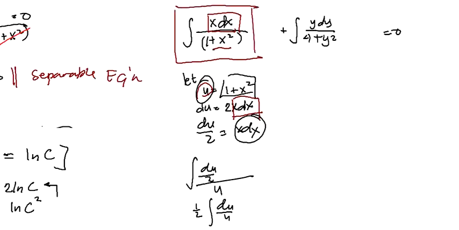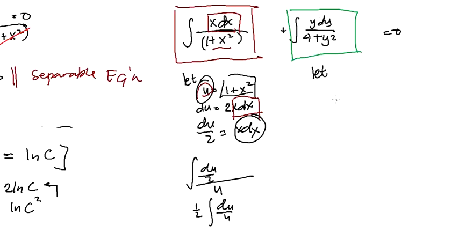So the same technique can be used in our second part, the integral of y dy all over 4 plus y squared. So we need to do some change of variables here, or the algebraic substitution.